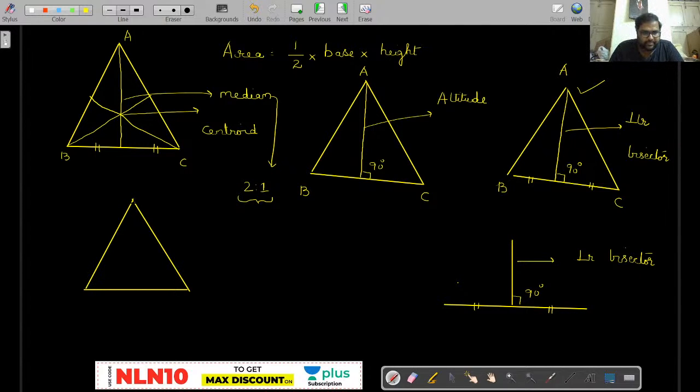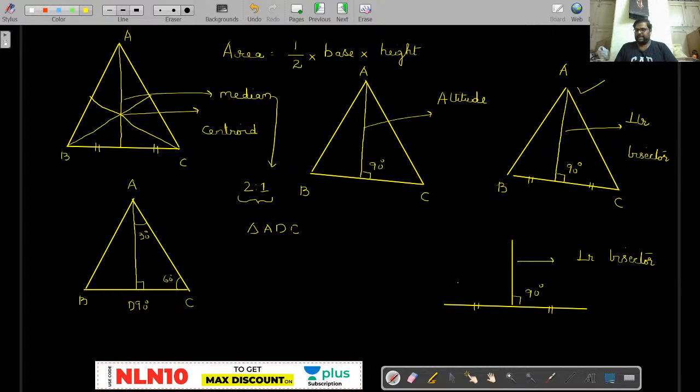I will draw a perpendicular down which makes 90 degrees here. As you know, in an equilateral triangle this will be 60 degrees. How much will this be? This will be 30 degrees. I'll write down A, B, C. Now this point is D. Observe only triangle ADC.